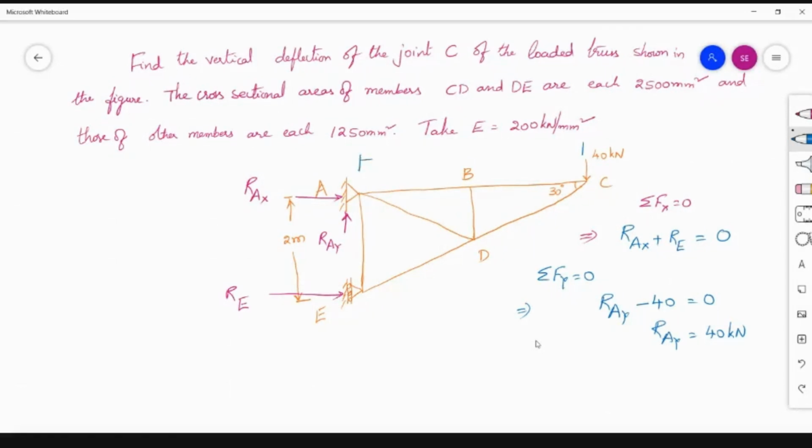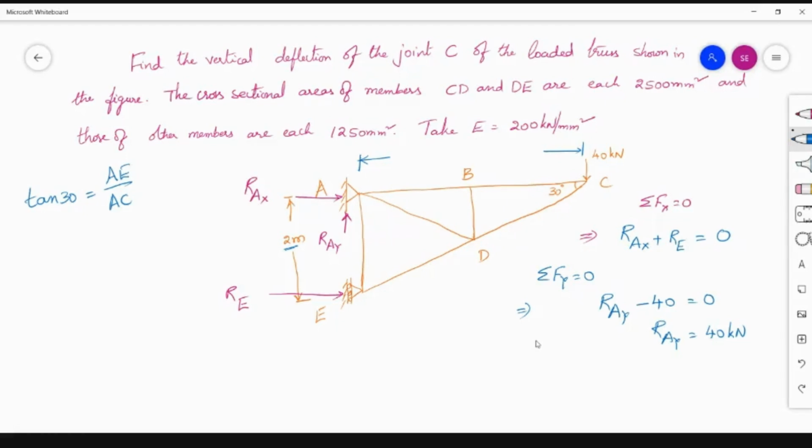It is not given in the question. So how to get this distance? Already the vertical distance 2 meters is mentioned, that is, member AE length is 2 meters. Now take tan 30. Tan 30 equal to opposite side AE by AC, considering the triangle ACE.